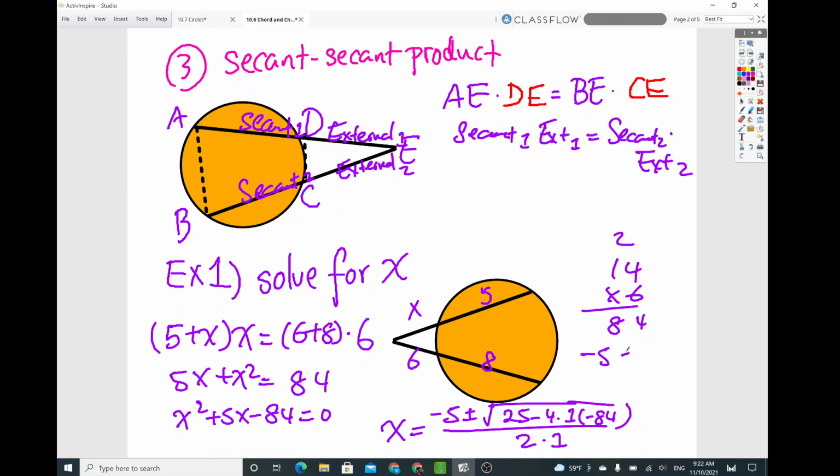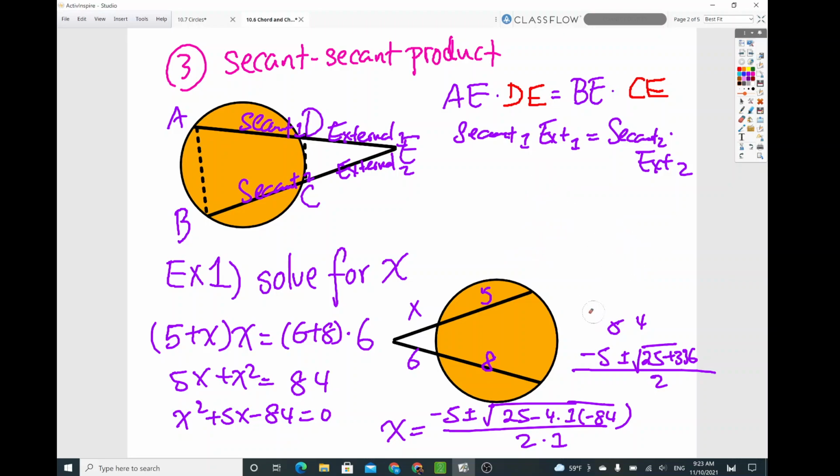So it's negative 5 plus or minus the square root of 25 plus 336, all over 2a. That is negative 5 plus or minus the square root of 361.